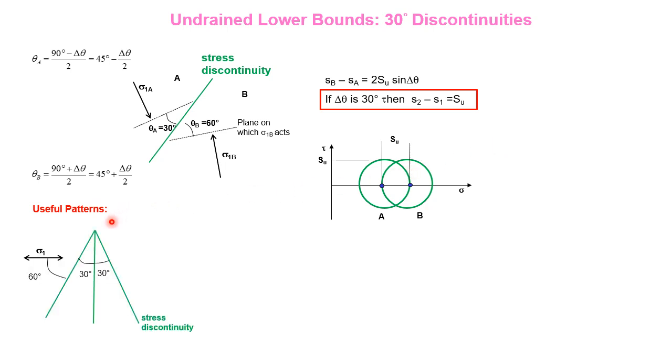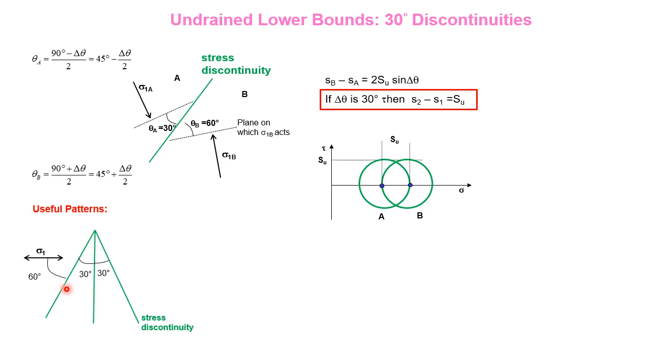If I use 3 discontinuities, which remember looks like exactly the example you've got in your tutorial, I might have sigma 1 horizontal out here. That's approaching at 60 degrees, or you can think like here, the plane on which it acts is at 30 degrees. So that is like this. So what have I got to do as I go past this discontinuity?